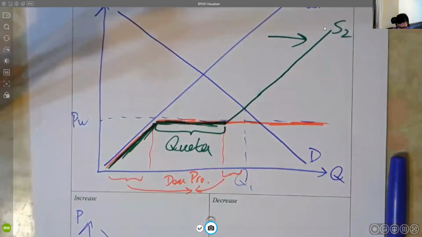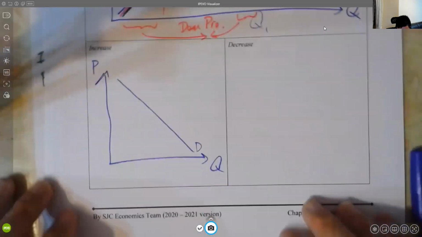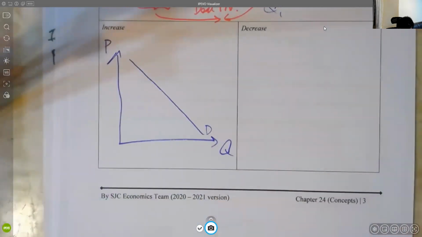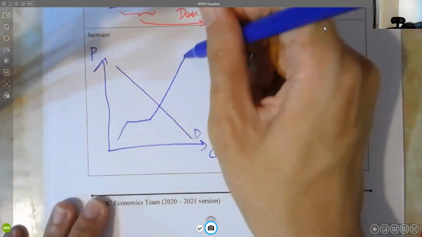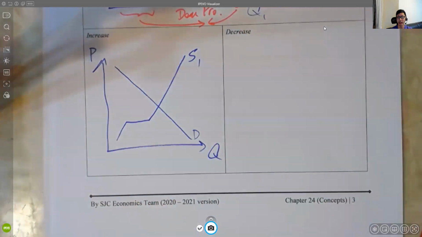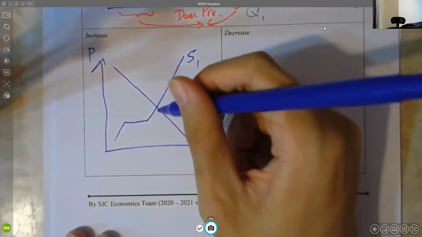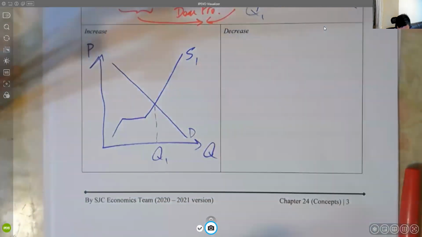Alright, let's see what happens if the quota increases. For simplicity reason, I only draw the relevant curve here. This is, let's call it, S1. This is only the relevant part. Now, this is our Q1, let's call it.